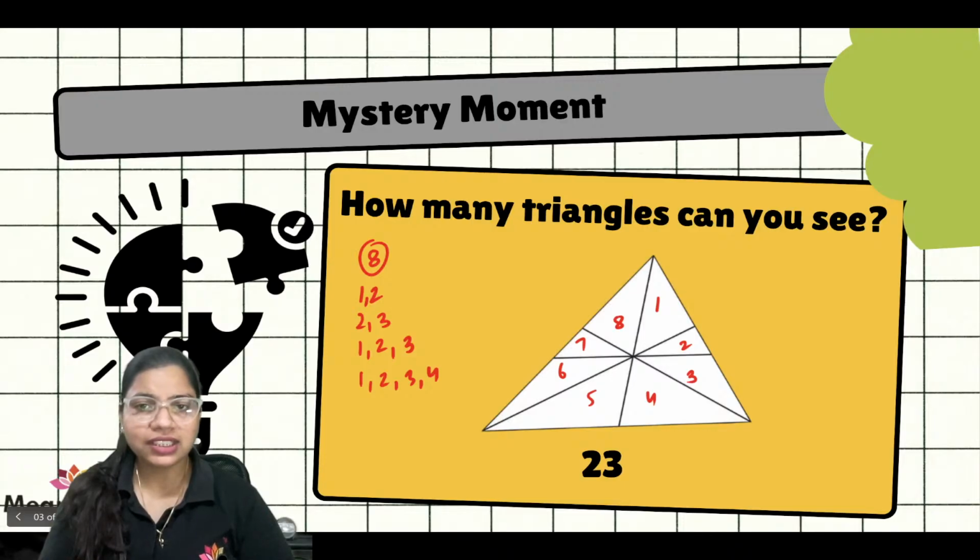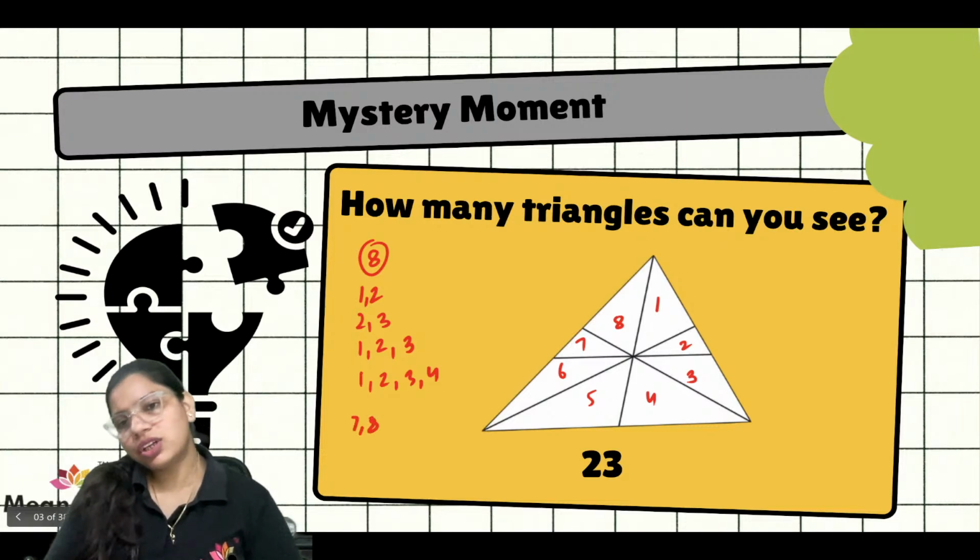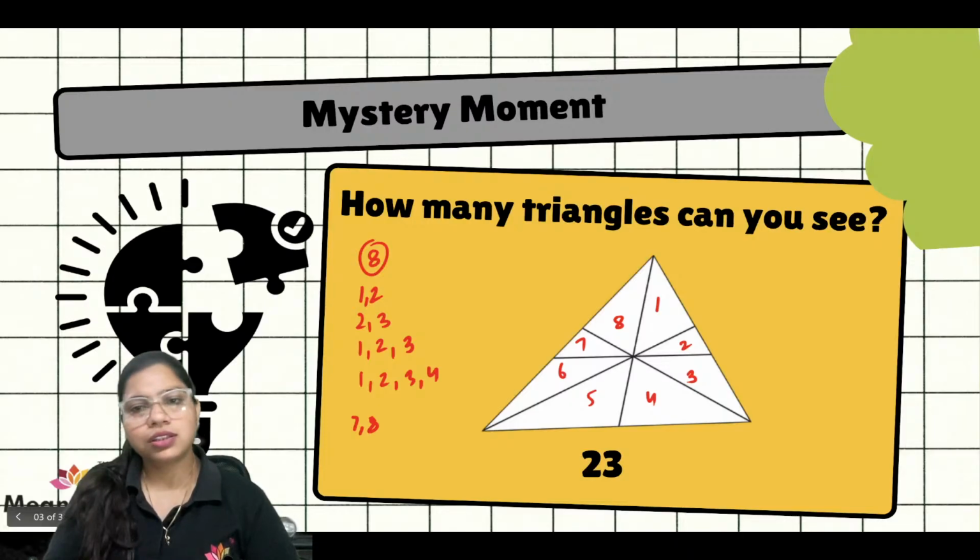Right. Then let's come this side. 5 and 7 and 8 together make a triangle. 6 and 7 together make a triangle. Then 6, 7, 8 are making a triangle.